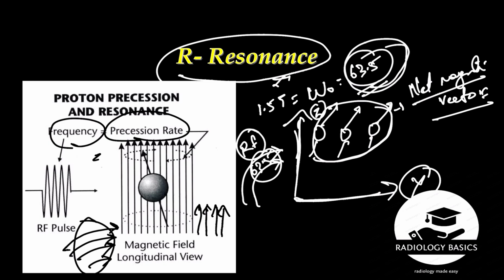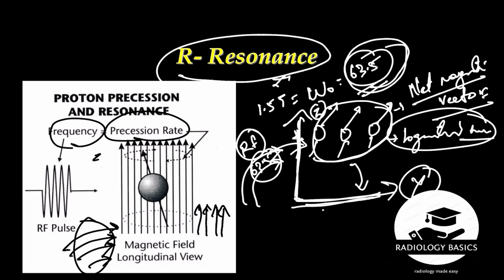Then only can it take up the energy and change direction from longitudinal to transverse magnetization. We need an energy similar to that of the precession frequency. Then only can it be changed to another direction.